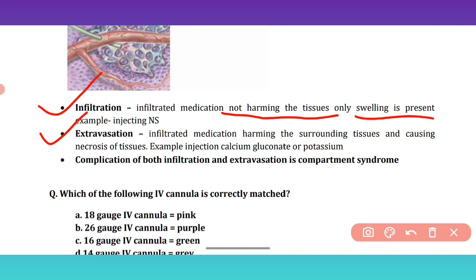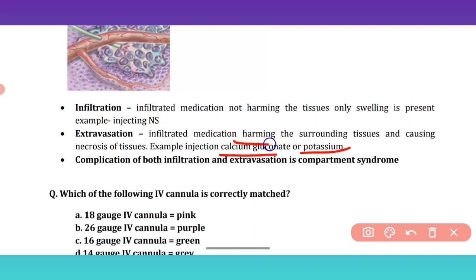The example of fluid you can infuse is normal saline. While infusing normal saline there is no harm to the tissues, but still coolness will be there. And extravasation means you are infusing fluids or medications like calcium gluconate or potassium, which harm the surrounding tissues and cause necrosis of the tissues. So this is the basic difference between infiltration and extravasation, the main difference, guys.